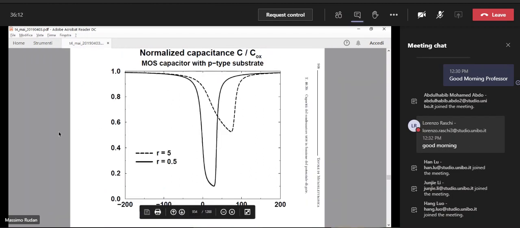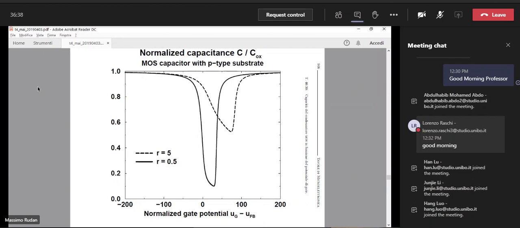We find that when the applied voltage, UG is the normalized applied voltage, so it is the VG times Q over KT. And UFB on the horizontal axis is, of course, the normalized flat band voltage.